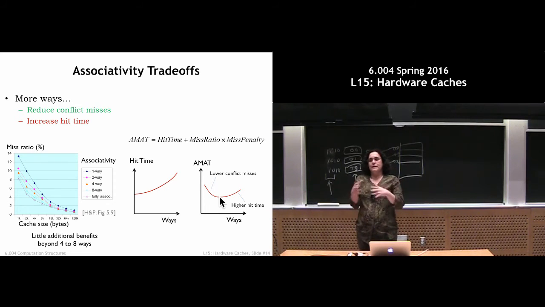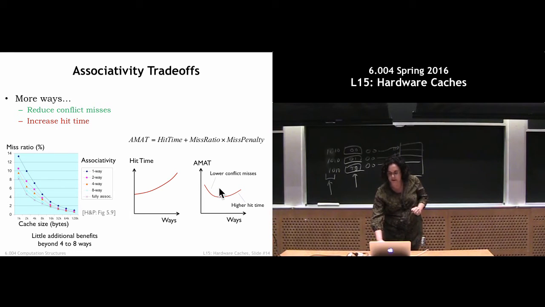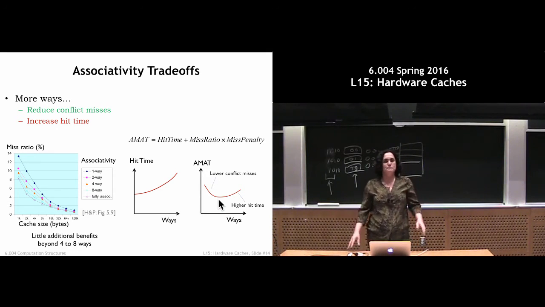But eventually, if I make the number of ways so large and the cache size is fixed, then I'm not going to have enough unique locations in my cache so that I can actually fit the entire working set in the cache at one time. Okay, and so once again, there's a minimum here where it ends up being the most efficient for us to use, and this typically falls around 4 or 8-way associativity.